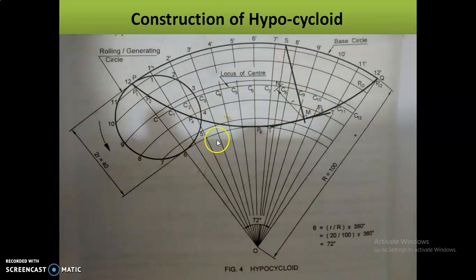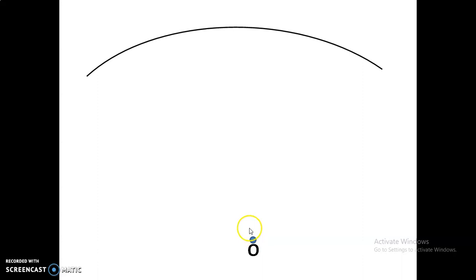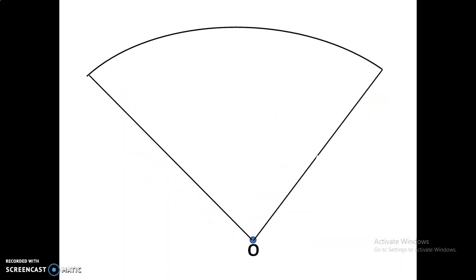So let us see how we can construct a hypocycloid by using the above construction procedure. See, first we should locate the center point of the base circle, that is O. With that center, radius equal to 100 mm, draw some part of the base circle. Join these two endpoints of the arc with the center of the base circle like this.